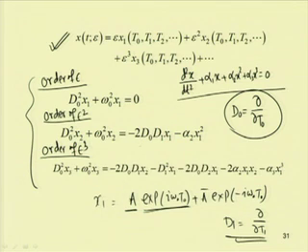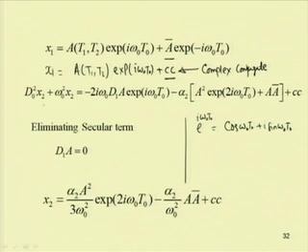Now, operating with D 0, one can differentiate this part as it is a function of t 0, and write the term minus 2 D 0 D 1 x 1 in this form. So, D 0 squared x 2 plus omega 0 squared x 2 will be equal to minus 2 i omega 0 D 1 a e to the power i omega 0 t 0 minus alpha 2 into a squared e to the power 2 i omega 0 t 0 plus a a bar, plus its complex conjugate.